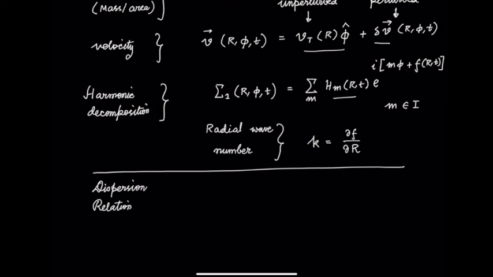Okay, so when you write the dispersion relation, K has come out to be this, but F, once I expand with respect to time, will also have an omega t kind of term. Omega is the frequency of that oscillation. These things we have discussed. So this is not the full harmonic decomposition. I also have to do it in time.